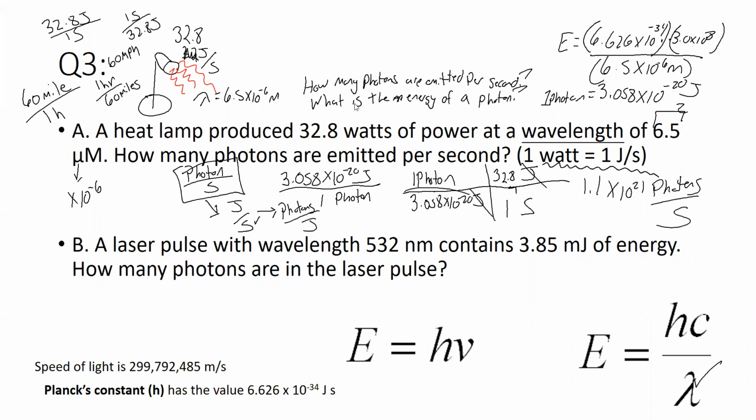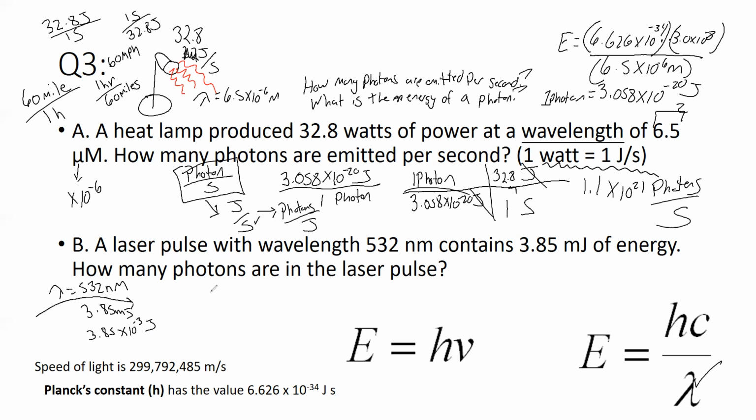So B, we have a laser that has a wavelength of 532 nanometers. And the energy of this wavelength is 3.85 millijoules, or 3.85 times 10 to the minus 3 joules.